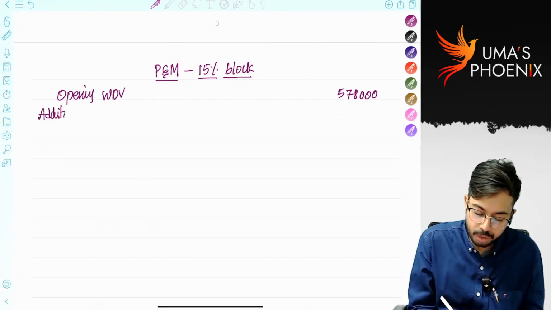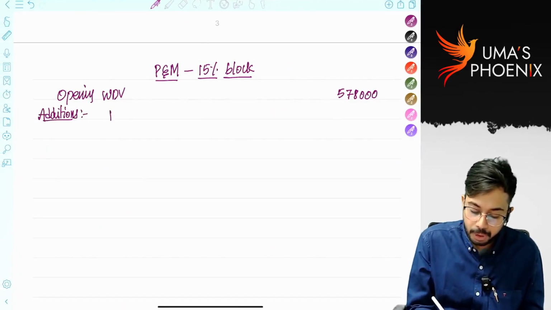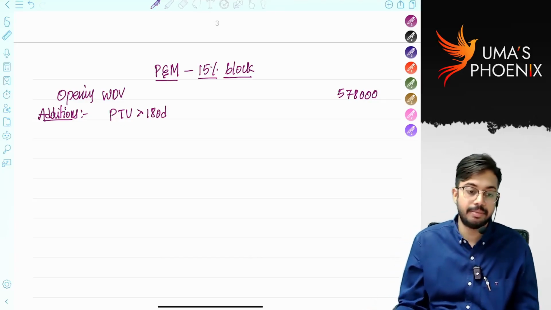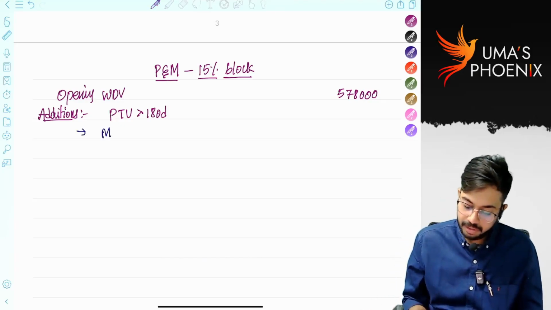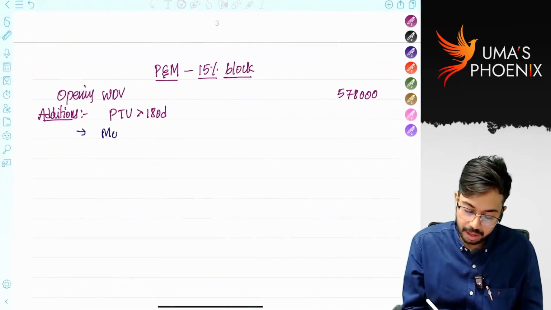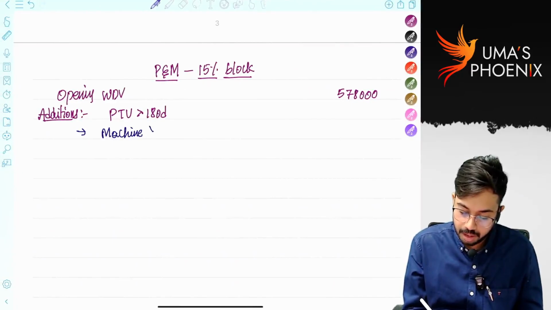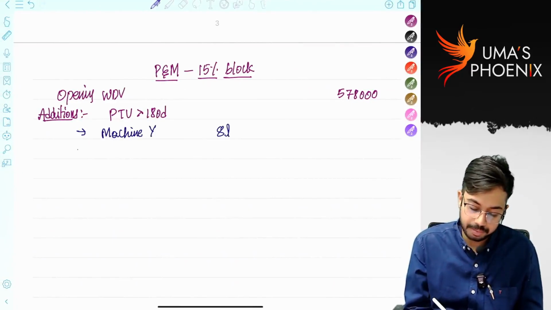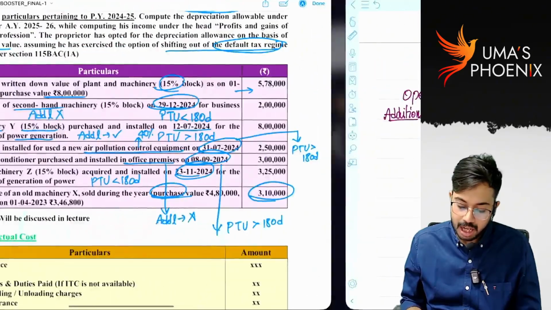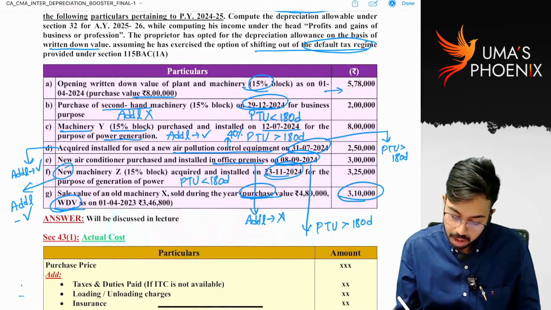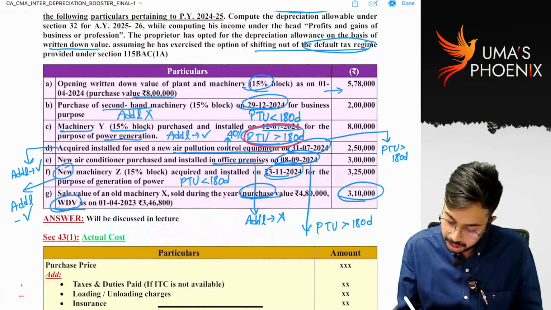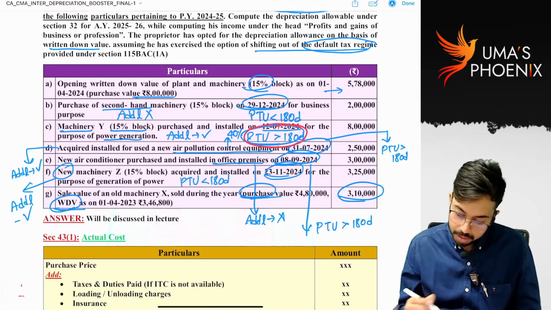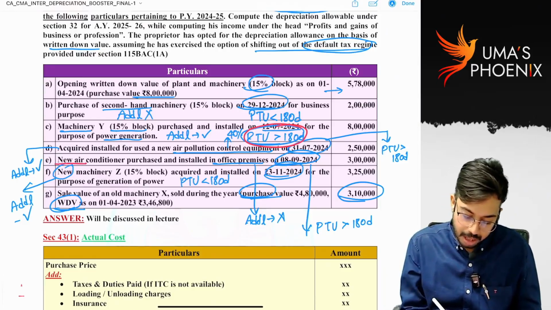Additions are classified into two types, right? Put to use greater than 180 days. Tell me those additions which are put to use for greater than 180 days. Machine Y, 8 lakhs. Next. Put to use greater than 180 days, we marked machine Y and new air conditioner, right?